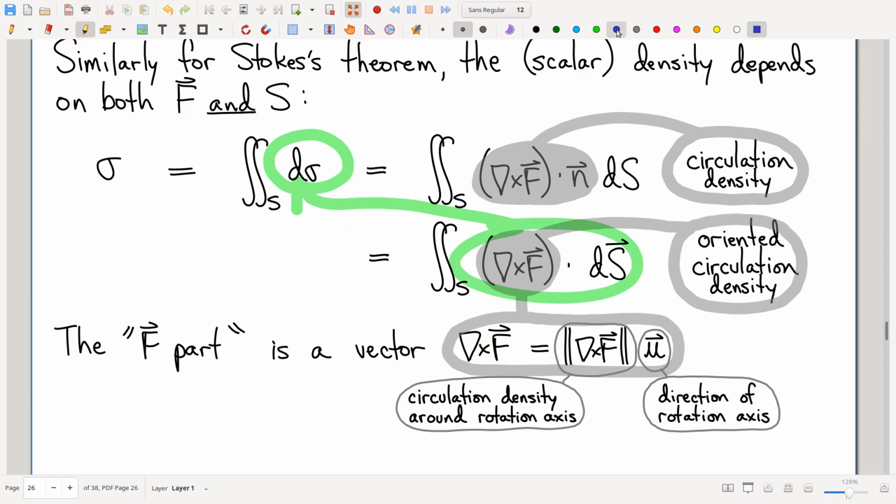And what we're going to do next time is understand dS as being an oriented size, and as such curl as an oriented density. And this is going to be the foot in the door that helps us make geometric sense out of what that thing looks like. What does curl look like in the pictures? How do you visualize that? Which way is it pointing? Stuff like that. It's going to come out of this idea of interpreting the oriented density.